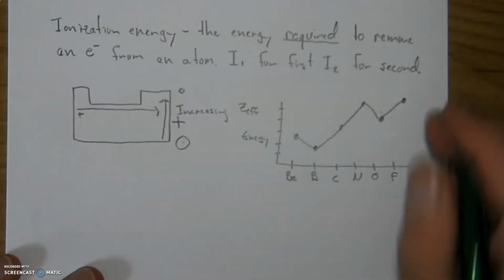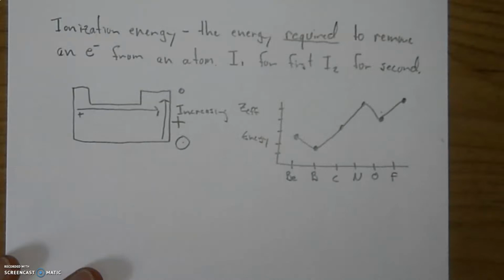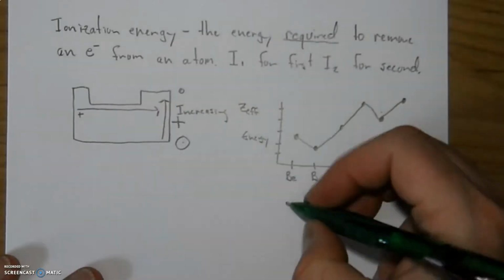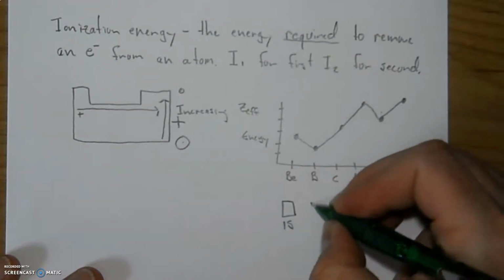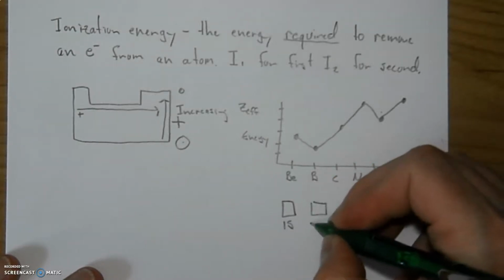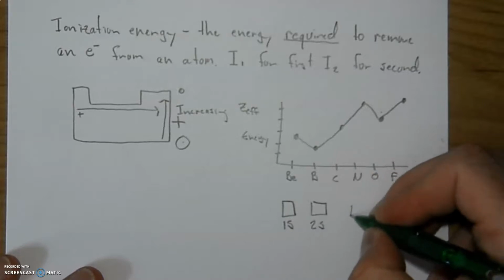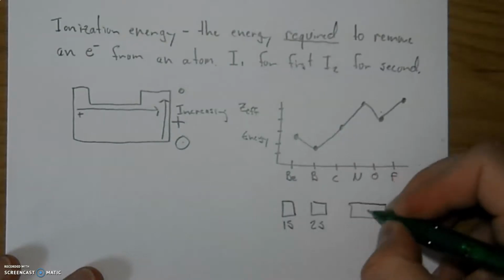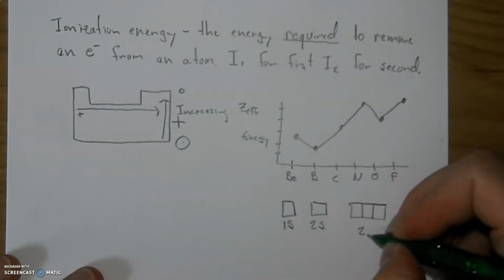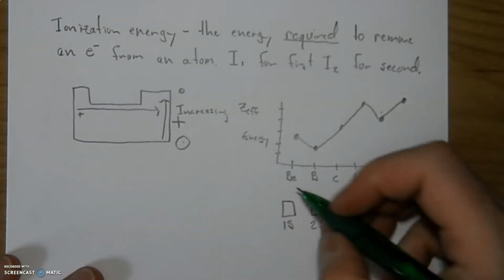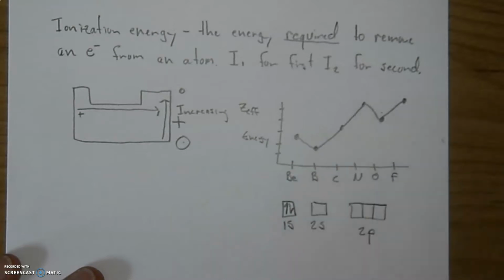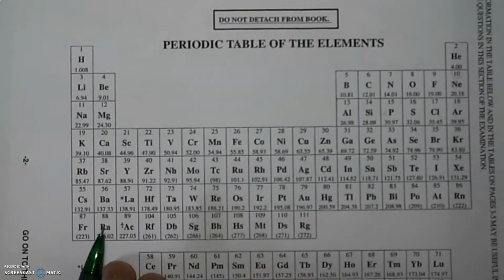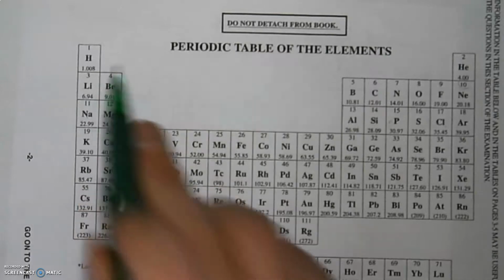And the reason for it is, again, if we take a look at 1s, 2s, 2p. When we're looking at beryllium, so bring over here, beryllium has a total of 4 electrons.